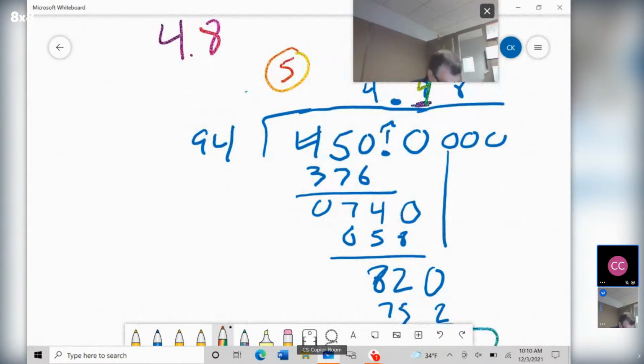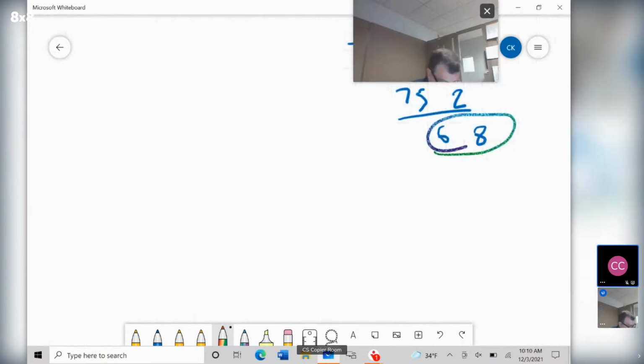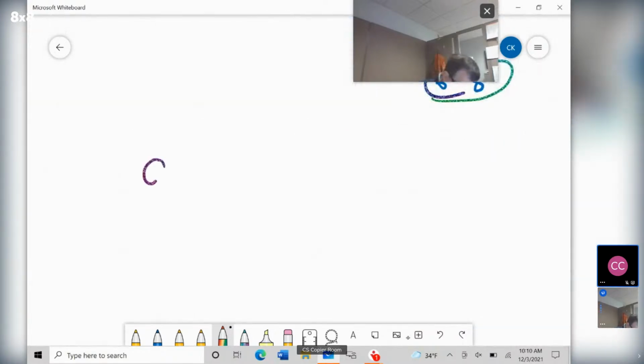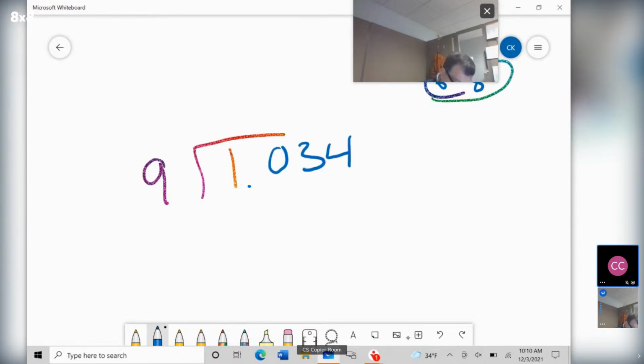So I want to go back to the first one we did. So if I did 9 into 1, let me 0.034. So this is saying round, solve each problem, round your number to the nearest whole number. So 9, this one would be 1.